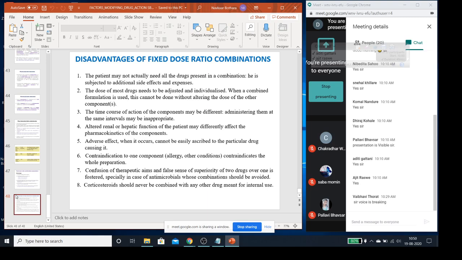And it should be avoided, because it can give a false sense that they are really better. Many times they are not actually better, many times they are rather not advisable, and still these preparations exist in the market.